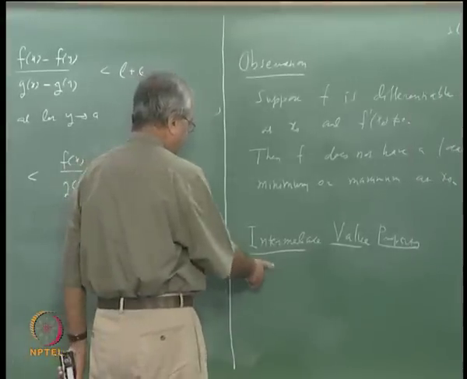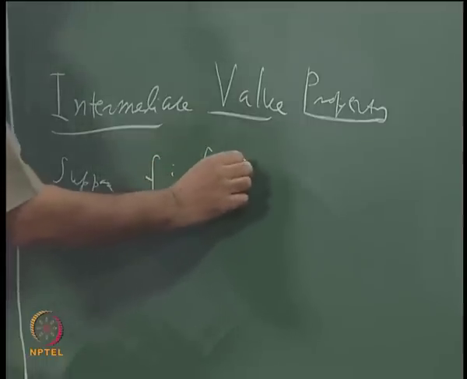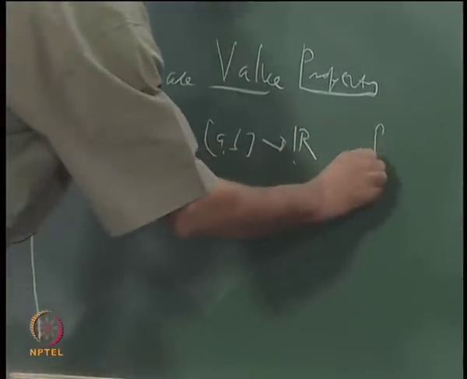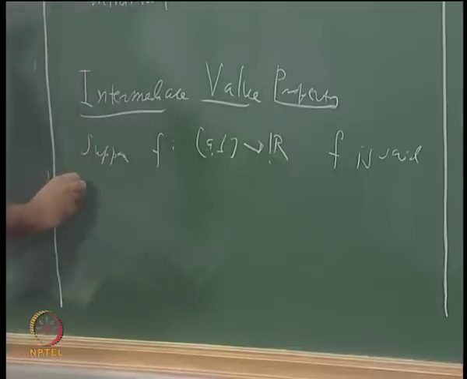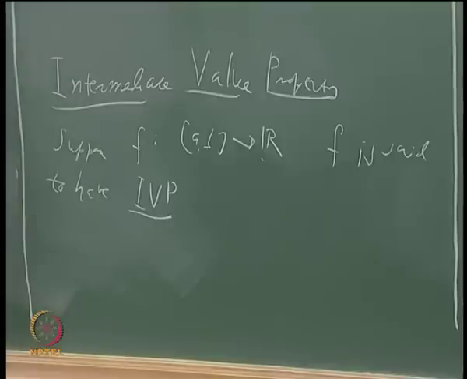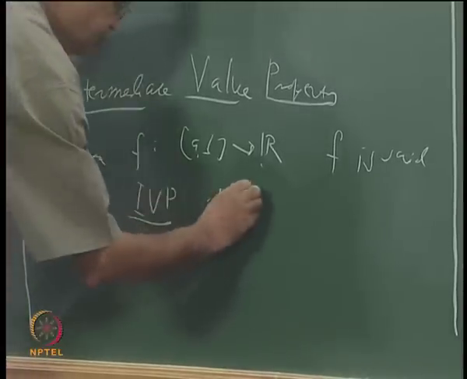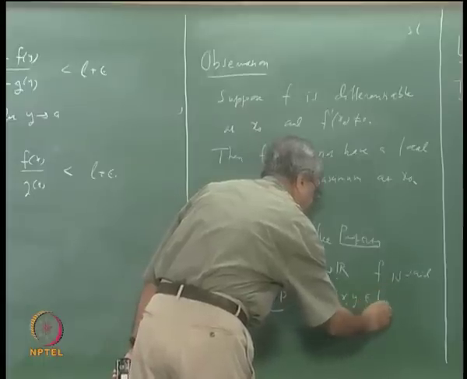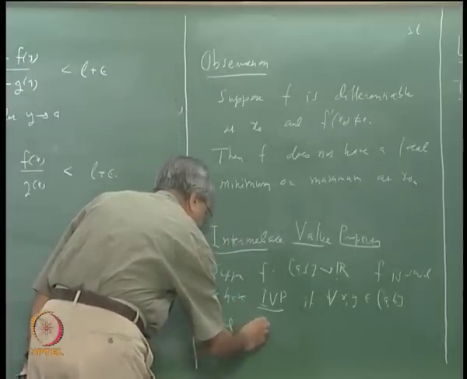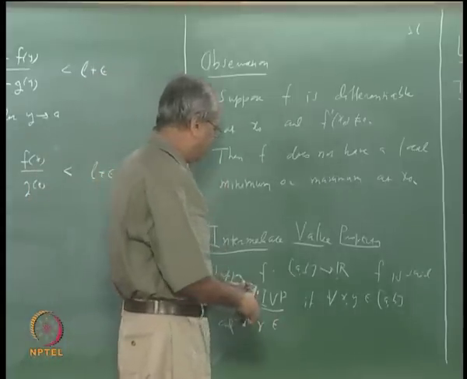Let us say f is defined from [a,b] to R. Now we will say that f is said to have the intermediate value property, I will just write this as IVP, if for every x, y in [a,b] and any point gamma, it depends on whether f(x) is smaller or f(y) is smaller.